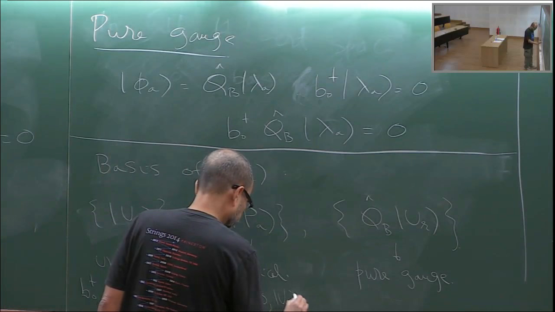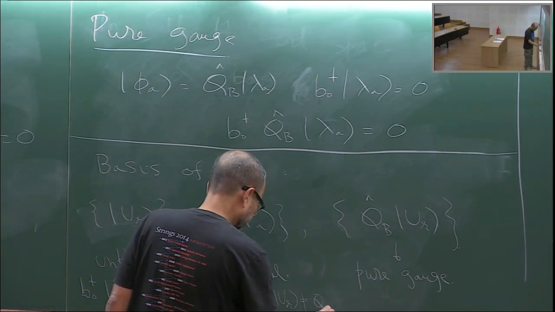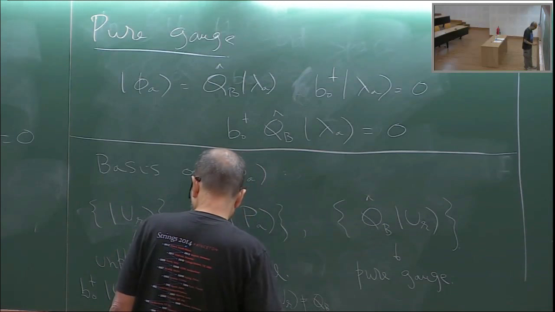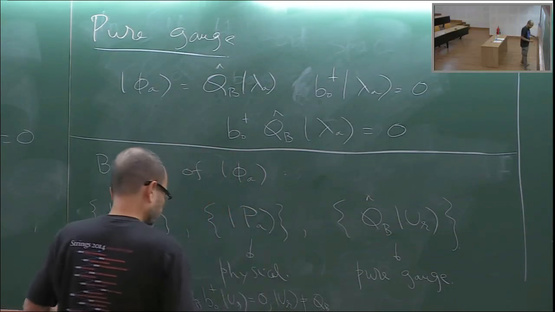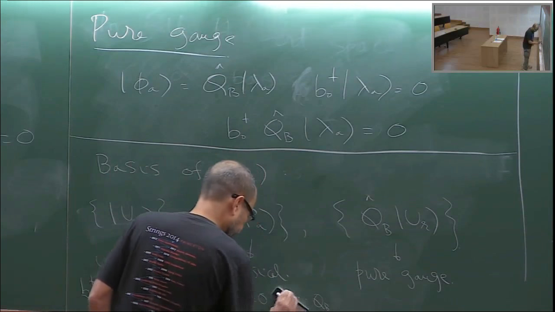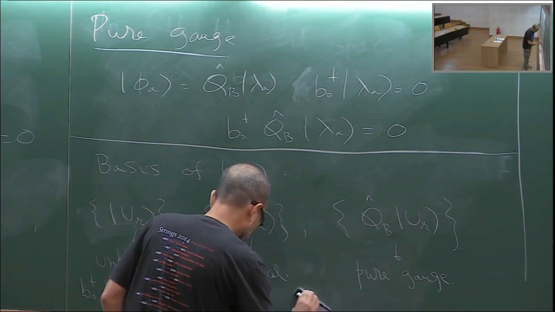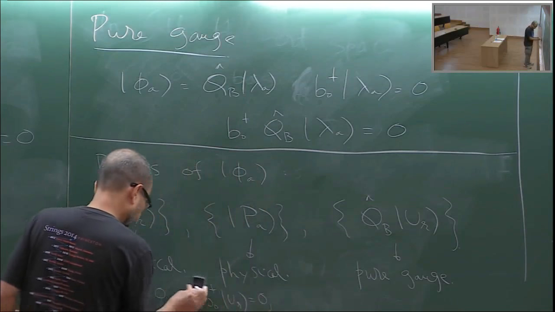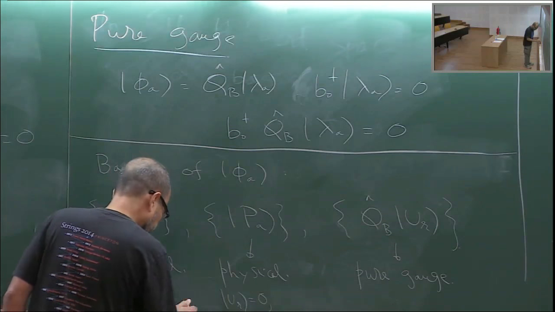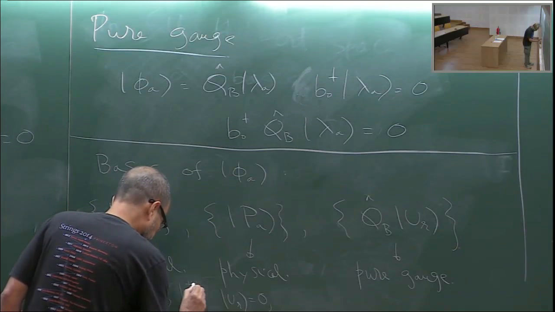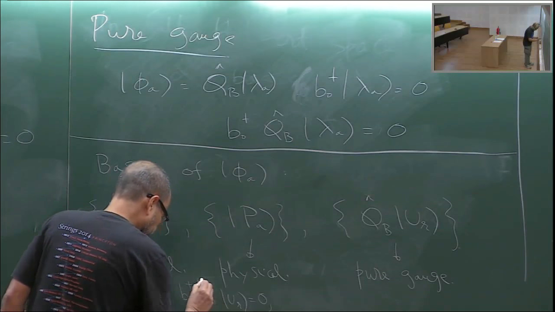UR is not equal to QB hat. Well, UR of course cannot be. It's fine. Yes, thank you. B naught plus QB hat UR equal to 0.